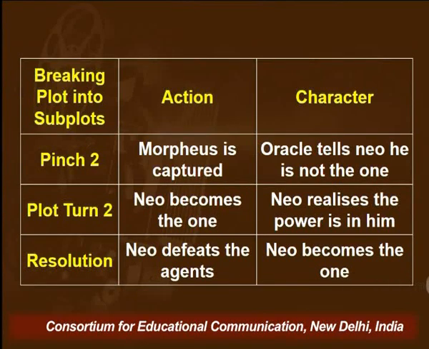Now this is one line of subplot, or you can say this is the main story: there is a character called Neo who is an underachiever and who becomes the one in the world of Matrix. Then the second subplot is in terms of character.